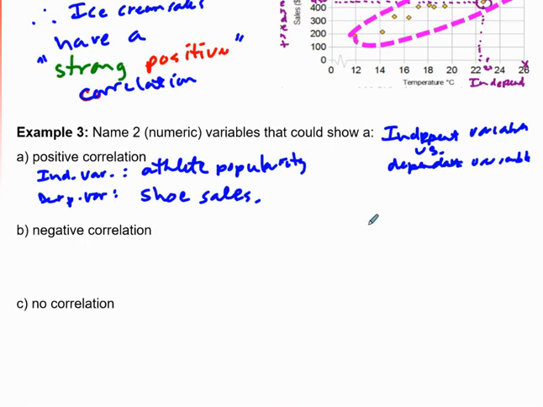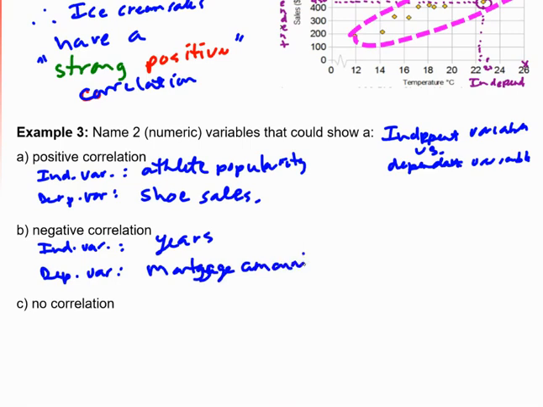So let's say your independent variable was years, and your dependent variable, mortgage amount remaining. Okay, so that would be one.